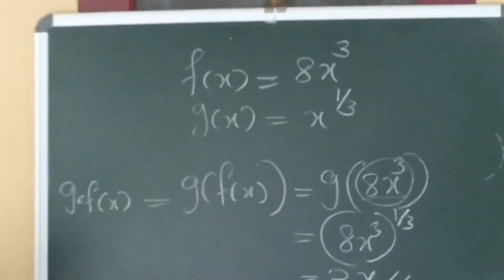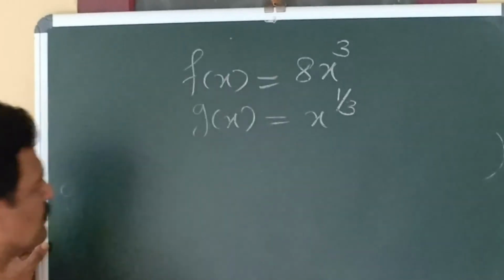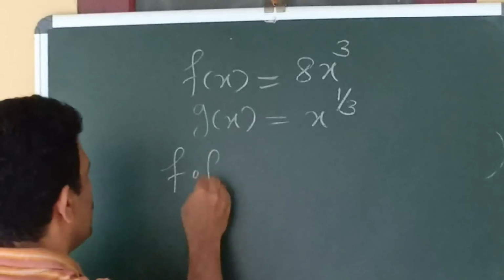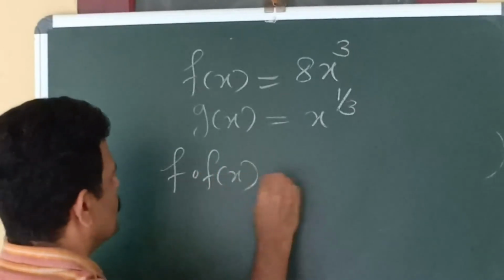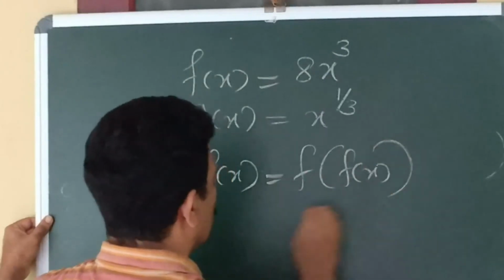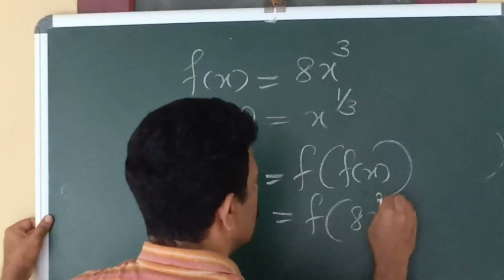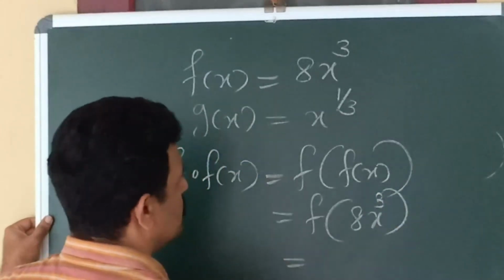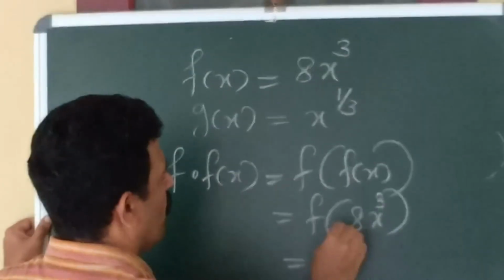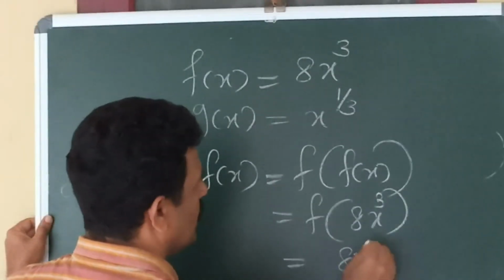Now we have to find f dot f of x, that is f of f of x, that is equal to f of 8x cube.